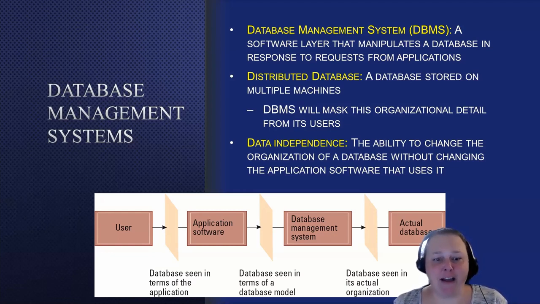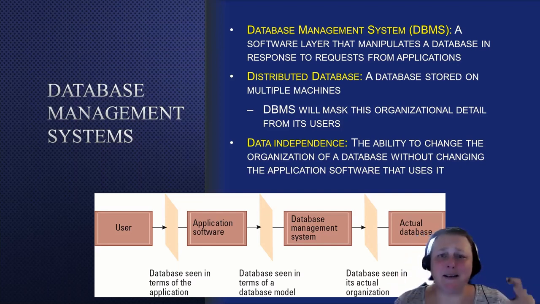Here is a graphic of the partitions in the different steps. You've got your user, and your database is seen as an application. Your database is going to show data and use it and be able to select. Your user may not even know that they're accessing a database. The application software is what makes it look pretty: its look and feel and where buttons are. The application software then talks to the DBMS.